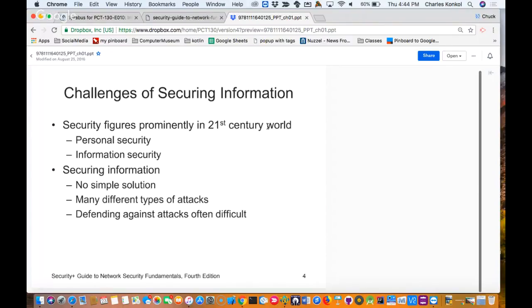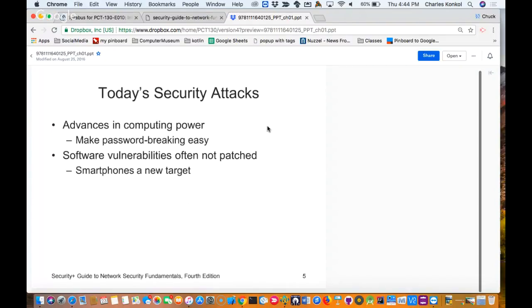So no simple solution. Today's attacks are very advanced, not because really of the user's knowledge, but of the vast supply of script kiddies we talked about on Tuesday a little bit, apps that people can download or services people can pay for and say, I want this website taken down for $500.